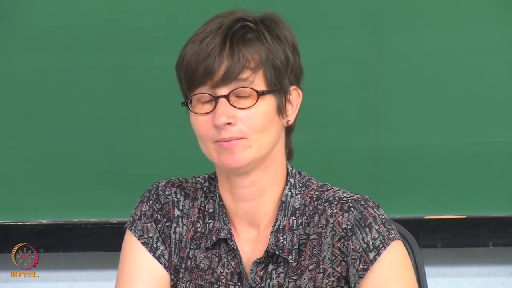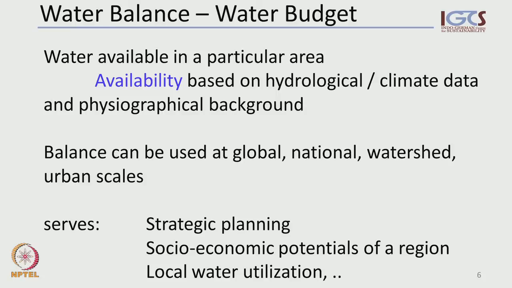So that balance can be used at a global, national, watershed, or urban scale. We can come up with a water balance at any required geographical and temporal scale. And what do we need this for? It essentially serves for strategic planning of water resources, for socioeconomic potentials of a region, to determine priorities.